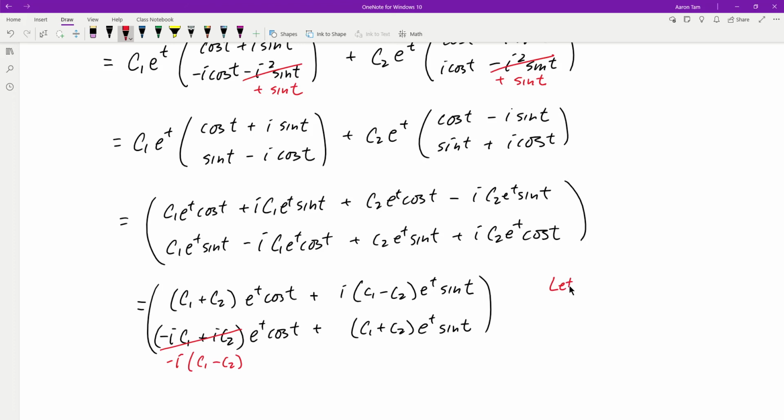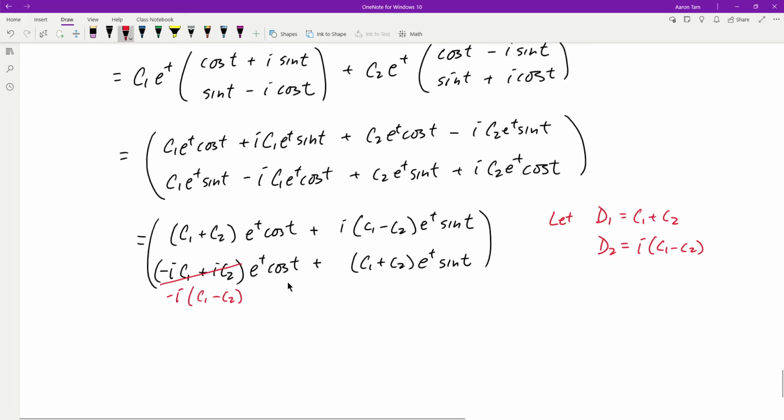Let's say d1 equal to c1 plus c2. And we're going to let d2 equal to, how about i times c1 minus c2. And so by doing so, allow me to now rewrite my solution into probably the most condensed form.